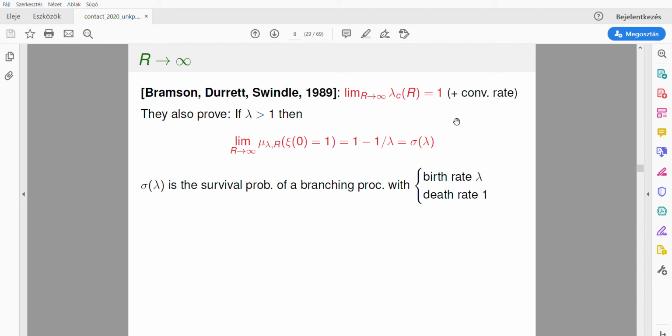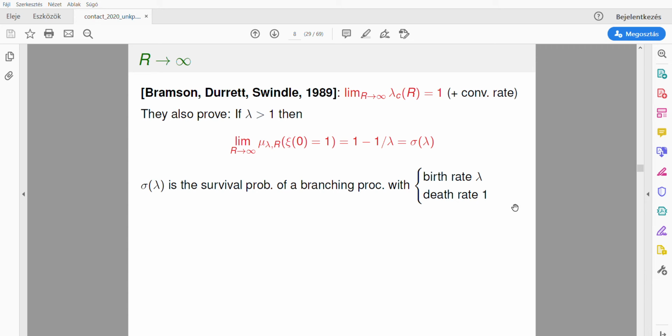By the way, the reason why there is an explicit formula when r goes to infinity is that this sigma lambda is just the survival probability of a branching process which has birth rate lambda and death rate 1. This is a continuous time branching process. If I'm alive at the current generation, then I have two competing clocks.